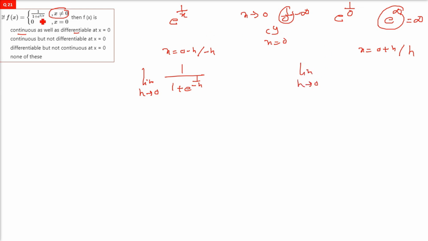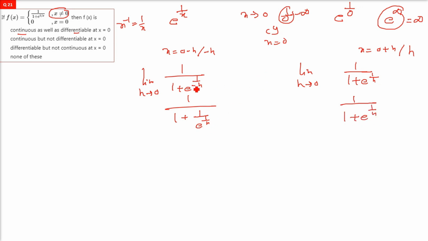So limit h tends to 0 on the right, you get h in place of x, so 1 by 1 plus e to the power 1 by h. On the left, 1 by 1 plus e raised to 1 by minus h. See, x to the power minus 1 is what? 1 by x. So e raised to negative 1 by h can be written as 1 by e raised to the power 1 by h.